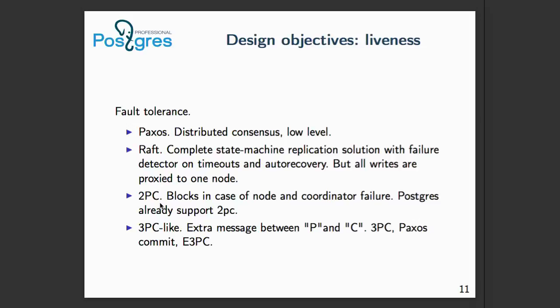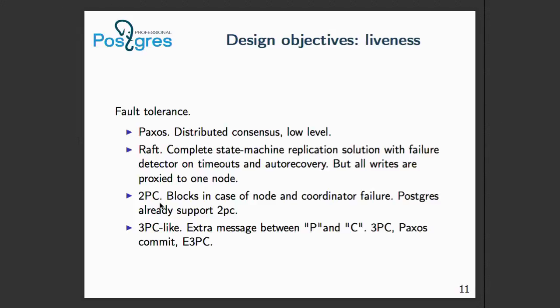But happily, we can insert one step between prepare and commit in two-phase commit and end up with a lot of different kinds of commit algorithms. It's three-phase commit, Paxos commit, E3PC, and there are some theorems that prove that Paxos commit and E3PC do not block the cluster.